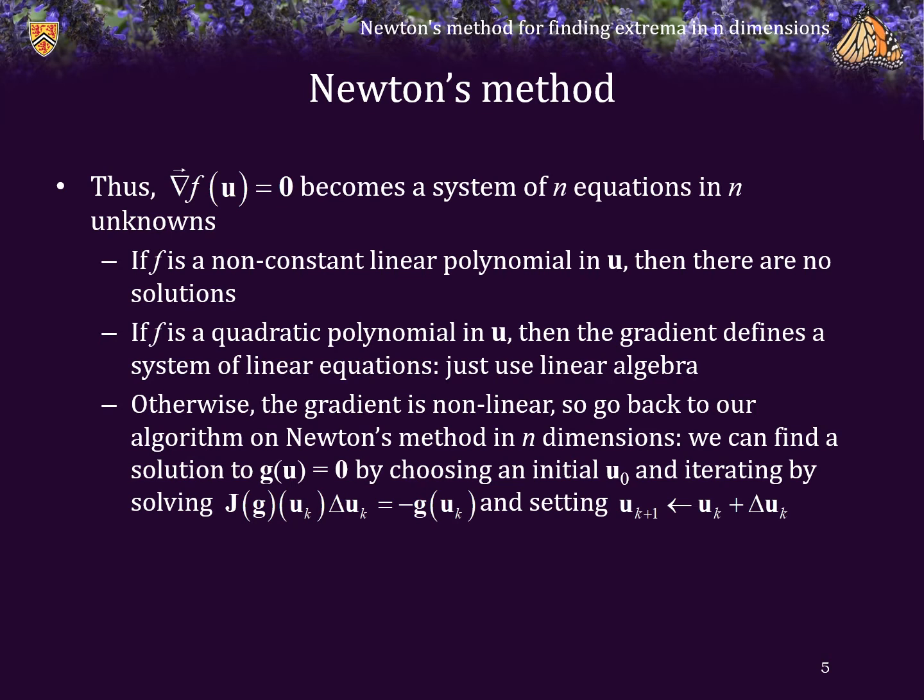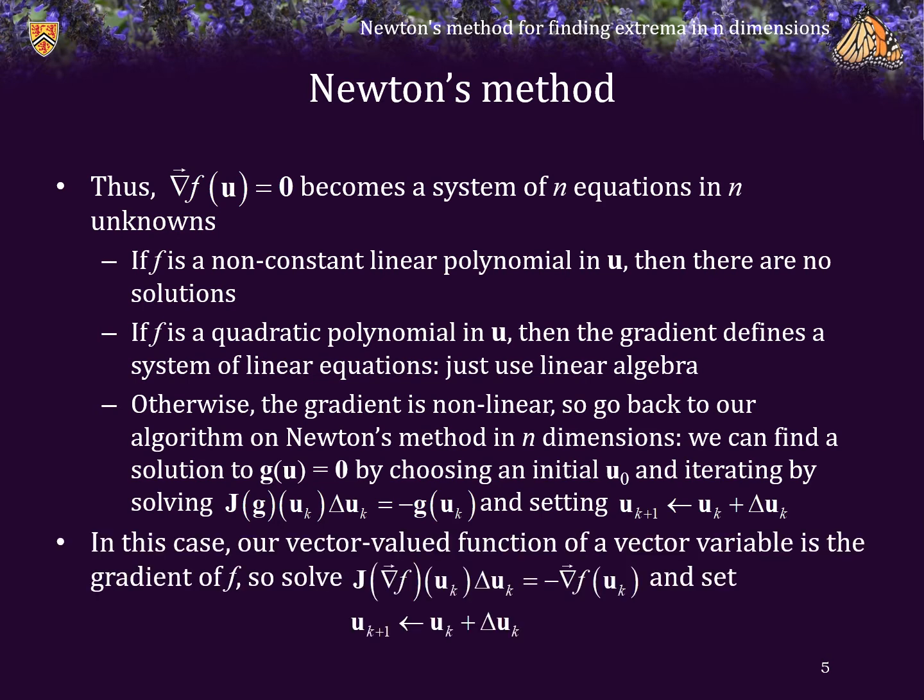Basically, recall that in Newton's method in n dimensions, we find a solution to a vector valued function of a vector variable g by choosing an initial guess u sub naught and iterating by solving the Jacobian of g evaluated at u sub k times an unknown delta u sub k equaling negative g evaluated at u sub k. Solving for delta u sub k, the next approximation is simply the previous approximation plus delta u sub k.